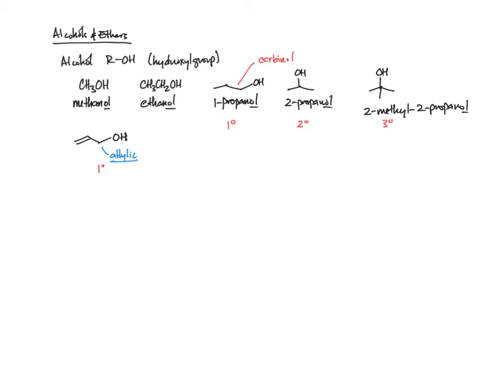Another example, if that sp3 hybridized carbon bearing the hydroxyl group is also bearing a benzene ring. This again is a primary alcohol, but this position is now called benzylic.